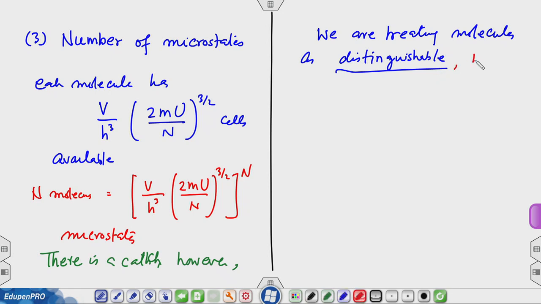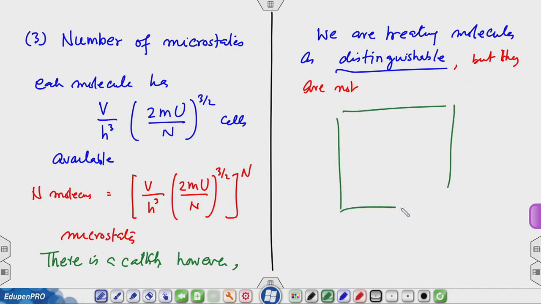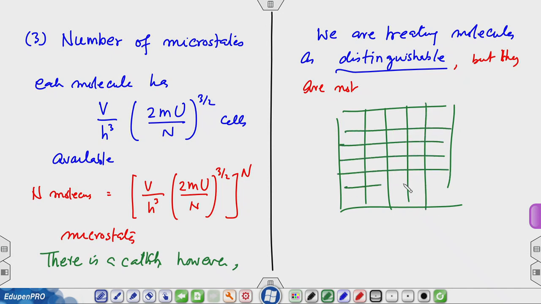But they are not. All I am saying symbolically, if I make it in 2D, in this large number of cells, is that there is one molecule here, one here, one here, one here, maybe two here, three here, and so on.